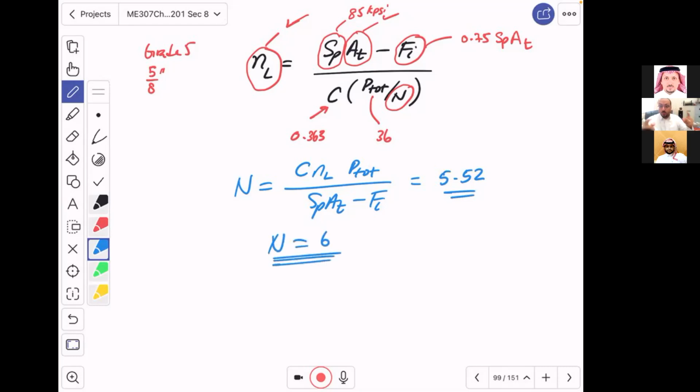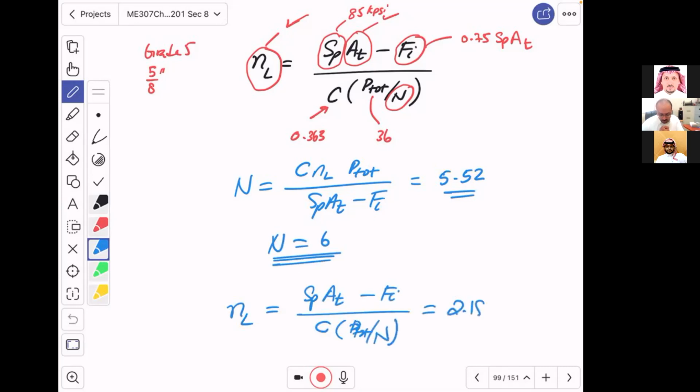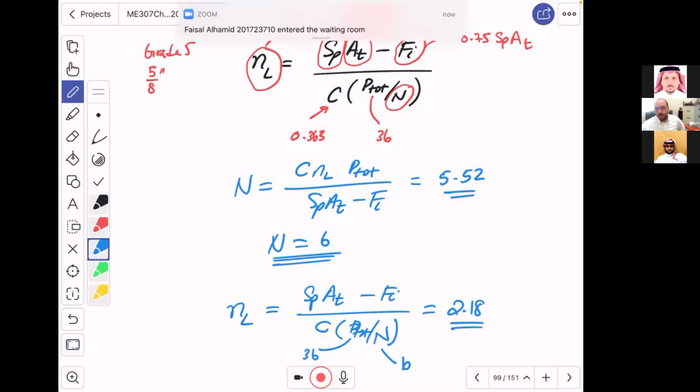Do you understand? Now, when I use N as 6, I can go and calculate nL, which is equal to (Sp At minus Fi) divided by C multiplied by P total divided by N, which is going to give me 2.18. By substituting this as 36 and this one as 6, the remaining variables are still the same.